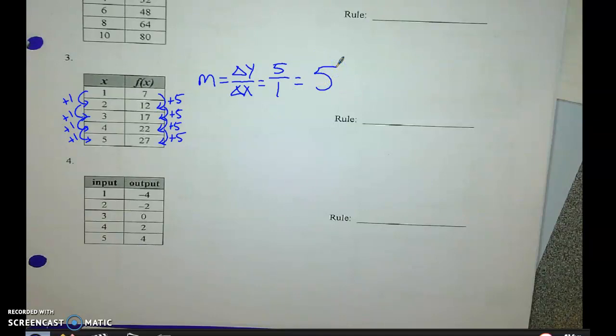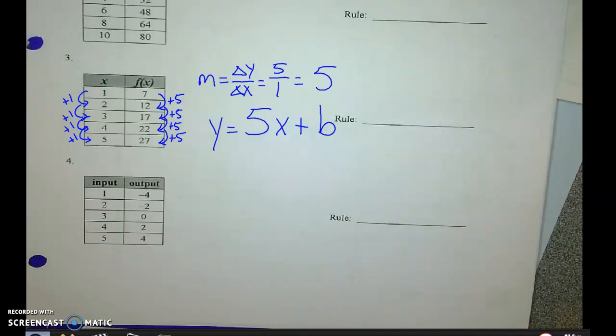So our slope-intercept form, y equals mx plus b. Well, now we know that for our m, we need to put in 5. So 5x plus b. So let's test it out and see if we can figure out what b should be.